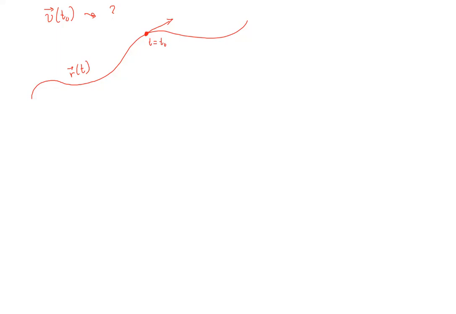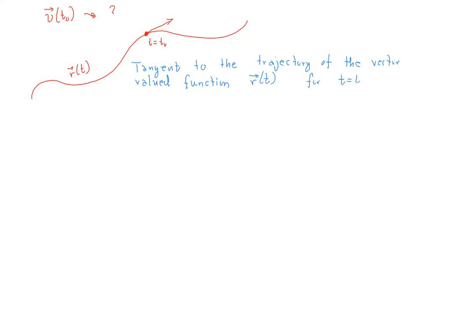So that means that we have a very nice equation for the tangent to the trajectory of the vector valued function r of t for t equals t naught.